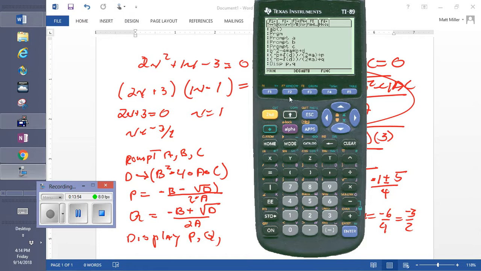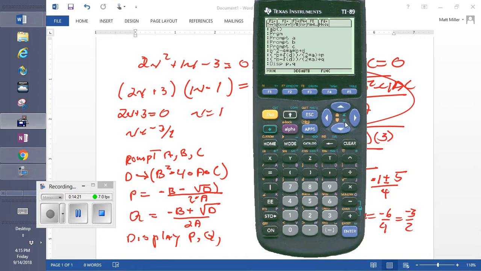Okay, I went through and saw where my error was in my program up here. As we know, the discriminant is b squared minus 4ac, and I have b squared minus 4ab. So that's why I had a problem. That can happen. So let's just replace that.